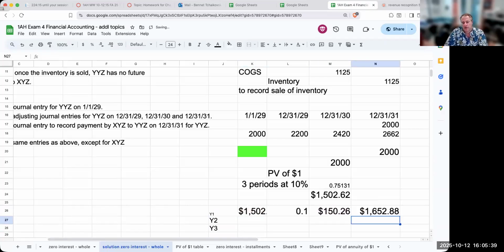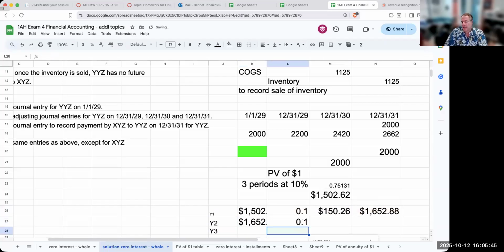I add this in over here, my ending balance is $1,652.88. I reinvest this again at 10%, and I'm basically earning $165.29 on my money. Now the value of that amount has gone to $1,818.17.